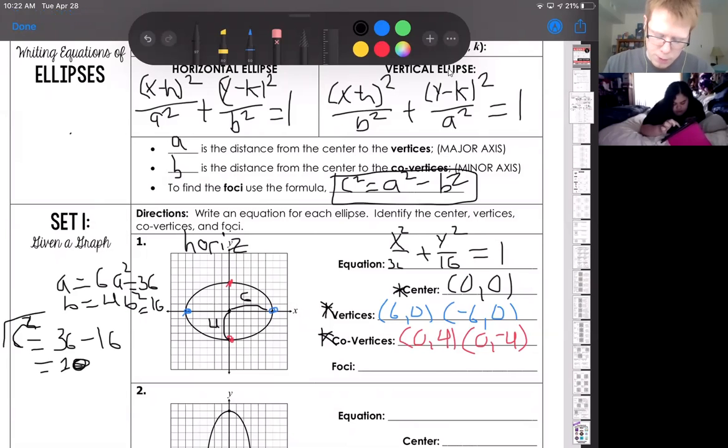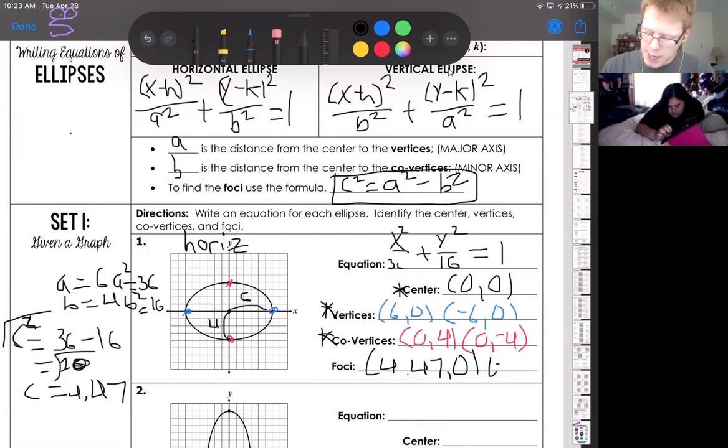You would just square root 20, so c is approximately 4.47 if you put that in a calculator. For our focus points, you just add this to your center, and since it's horizontal, you add it to the x value. So it would be 4.47, 0, and negative 4.47, 0.